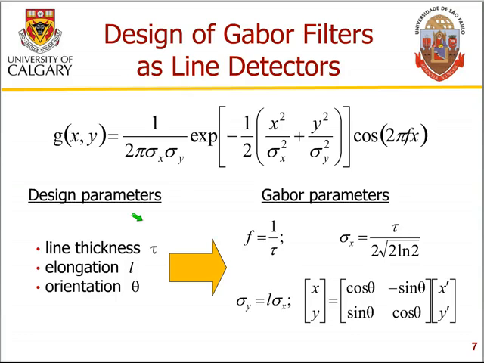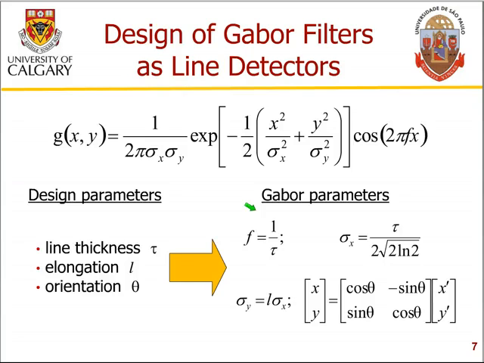What is the range of the thickness of objects you want to detect? And the elongation. How long is the line before the angle or orientation changes? And the orientation theta. But in many applications, we may be interested in detecting oriented objects or edges at all angles, in which case theta will be from 0 to 180 degrees.